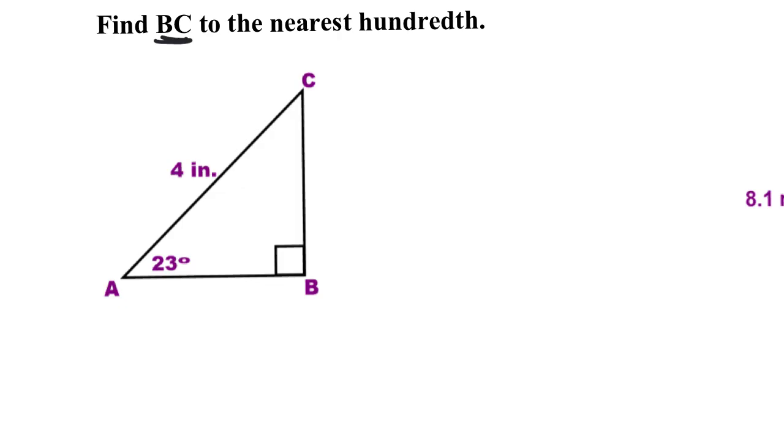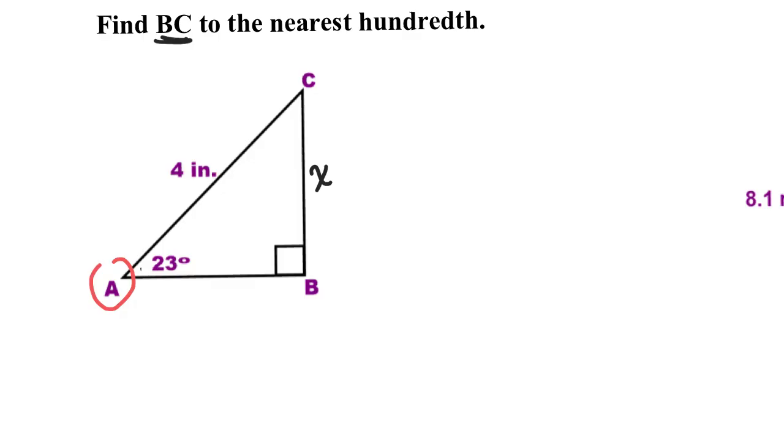This is not a special right triangle because the angle is 23, and I only know one side. So the reason we need to know trig is so that we can figure out these side lengths without being able to use either the Pythagorean theorem or our special rights. So we want to find BC, so we're going to go ahead and call that side length x. Now we're going to circle the angle that we know.